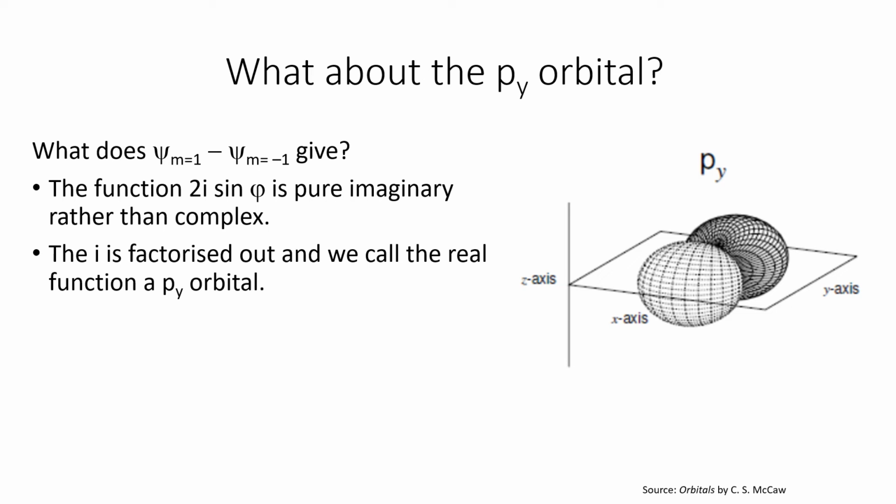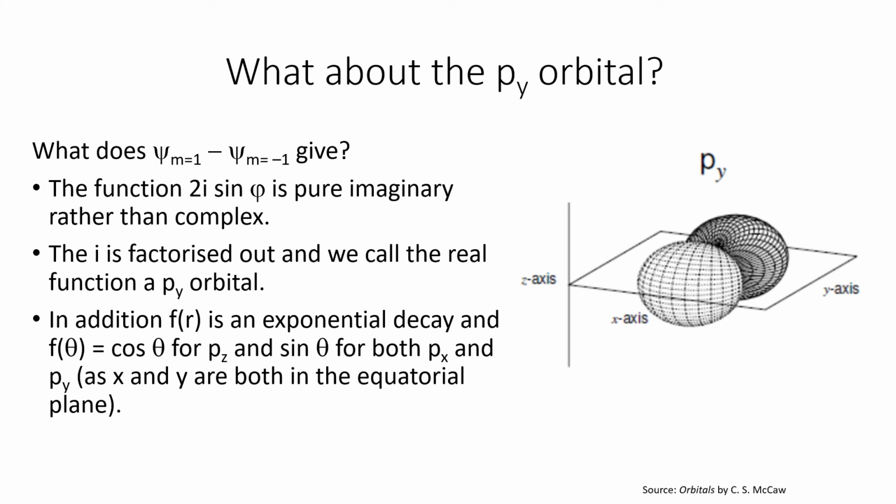Again, that might seem a bit of a stretch, but if you think about the complex conjugate, for example, these i's are all going to come out in the wash anyway. So it is acceptable with a pure imaginary function just to plot the real part of the function. And the real part of the function is indeed our py orbital in this case.